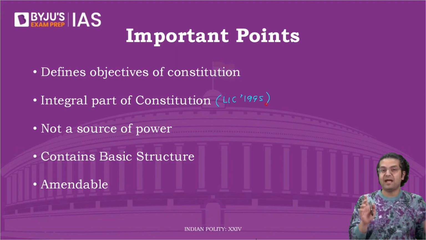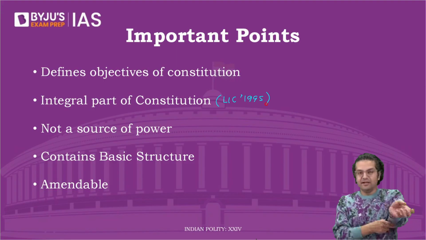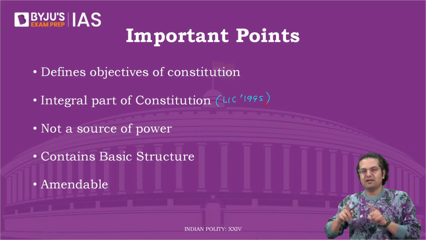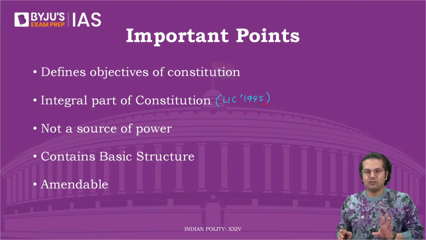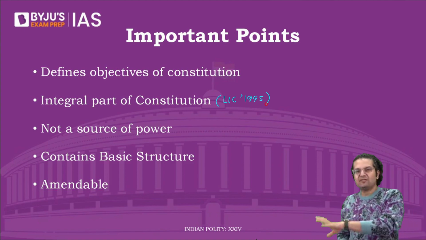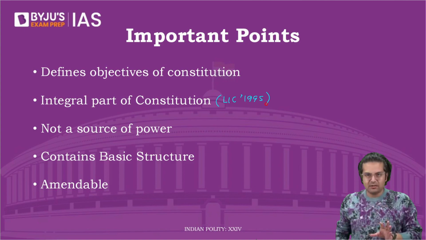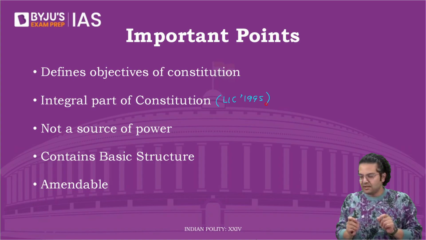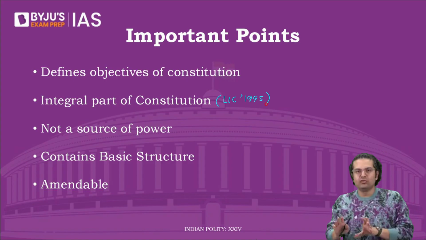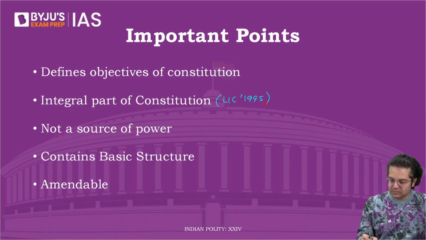Mind you, preamble is just the essence. It is not a source of power, meaning what is not mentioned in the preamble cannot be obtained through courts, or what is mentioned in the preamble, if it is not mentioned in the other parts of the constitution, you can't claim all that. Clear? The idea is that the preamble solely should not be used to interpret the constitution.